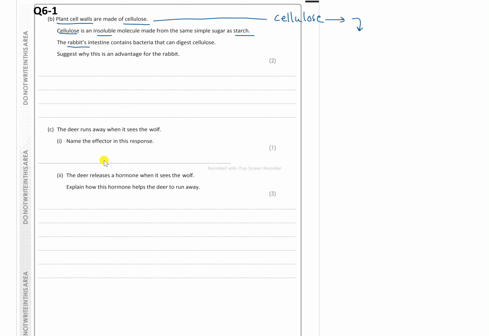Right, the rabbit's intestine contains bacteria that can digest cellulose. Why is this an advantage for it? That's interesting.